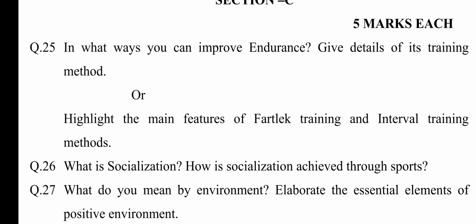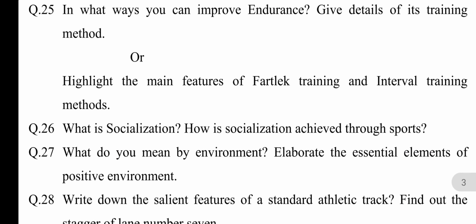Endurance has two types of development methods. Number 1, short term endurance or muscular endurance. 2, long term endurance or cardiovascular endurance. Training methods for endurance development are continuous training method, interval training method, and fartlek training method.